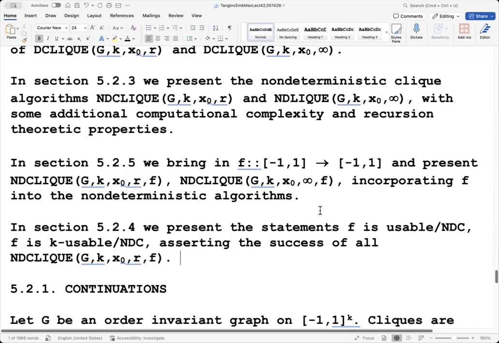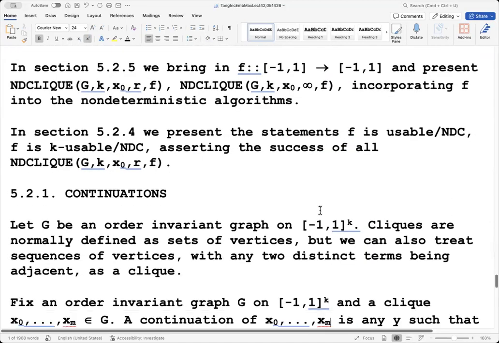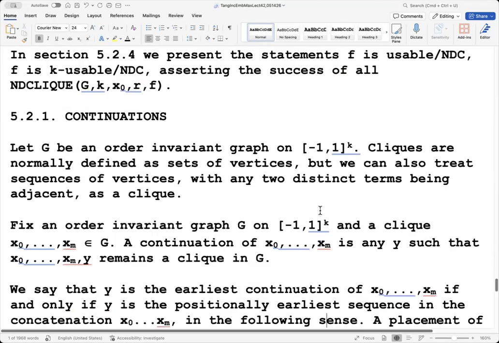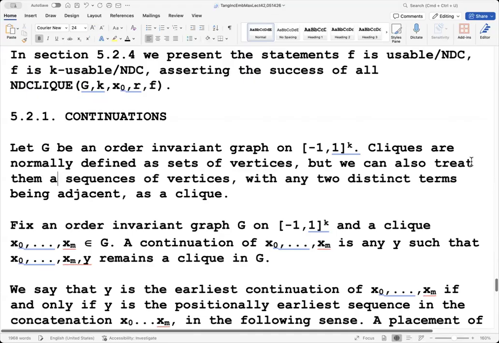Okay, so formally, continuations. Cliques are normally defined as sets of vectors, but you can also treat them as sequences of vertices with any two distinct terms being adjacent as a clique.